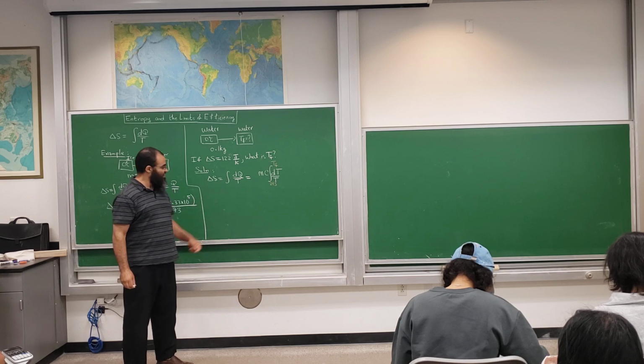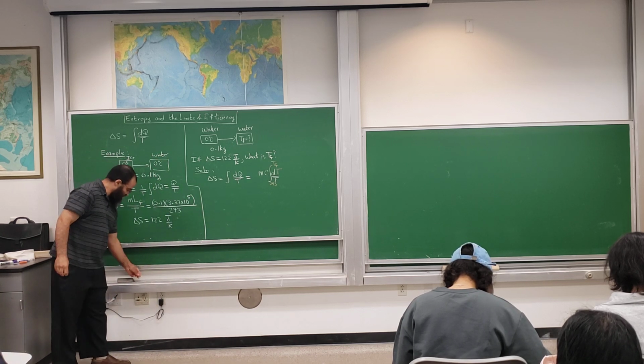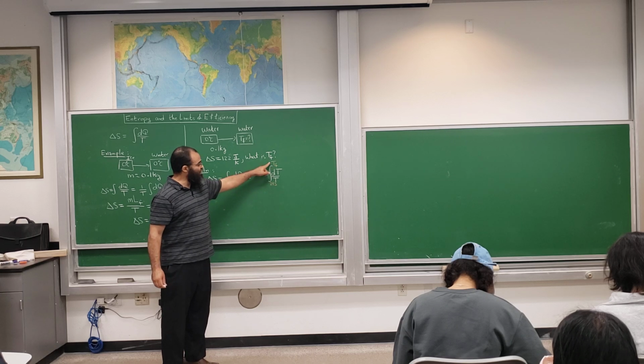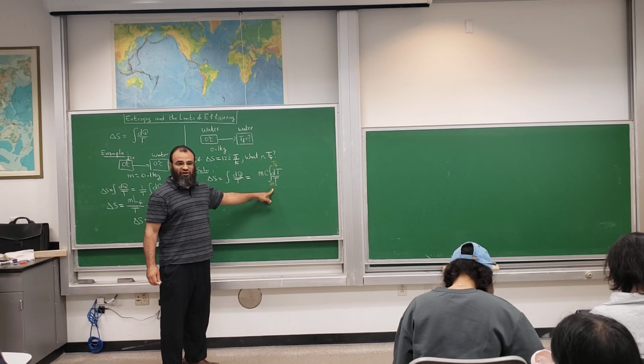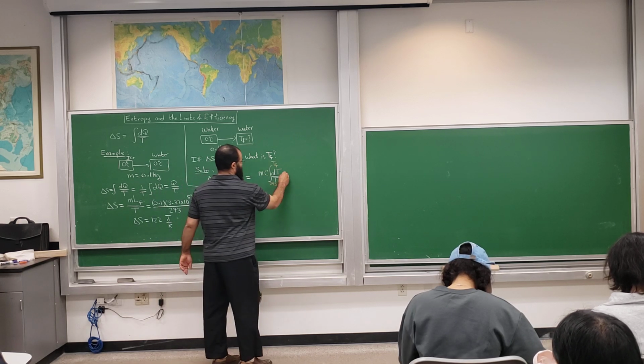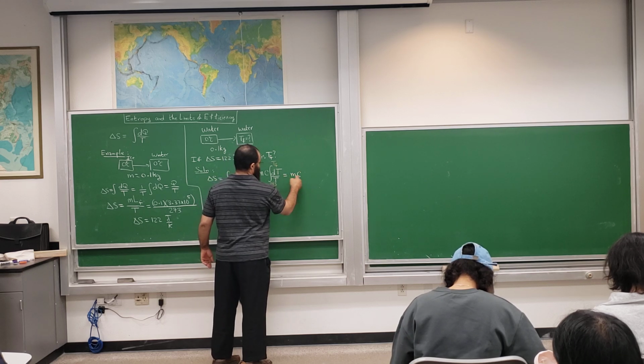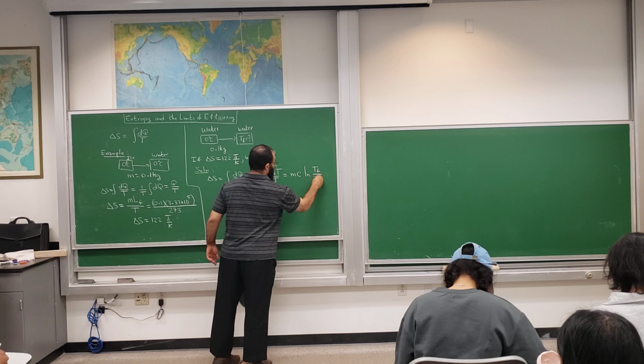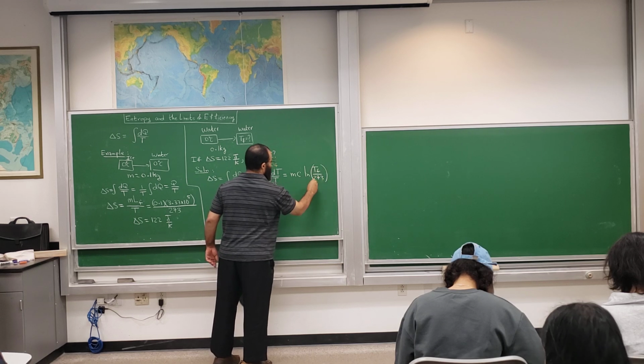Okay? So do this integral, you get ln. So you get ln of T final minus ln of 273, with the mc in front, which is ln of T final over 273. Right? That's how you combine the ln, right?